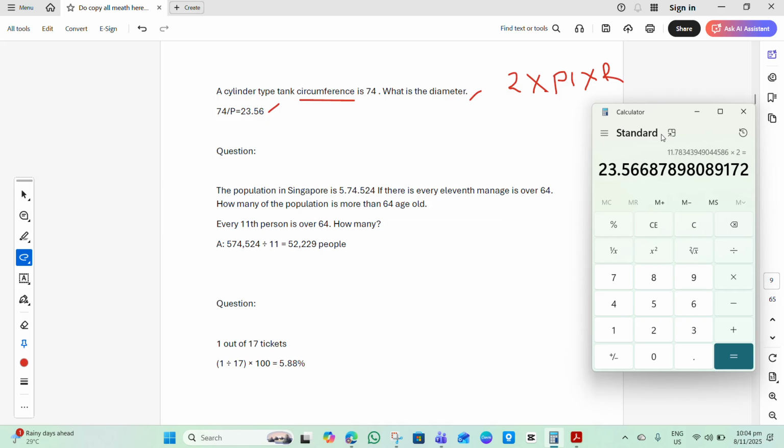When they have already given the total value, we need to divide it. When they ask for the single component, we go multiplication, and multiplication makes it larger, so we need to reduce, so we do the division here. That is the concept. So when asking for the diameter from the circumference, we need to divide, correct? Yes, right.